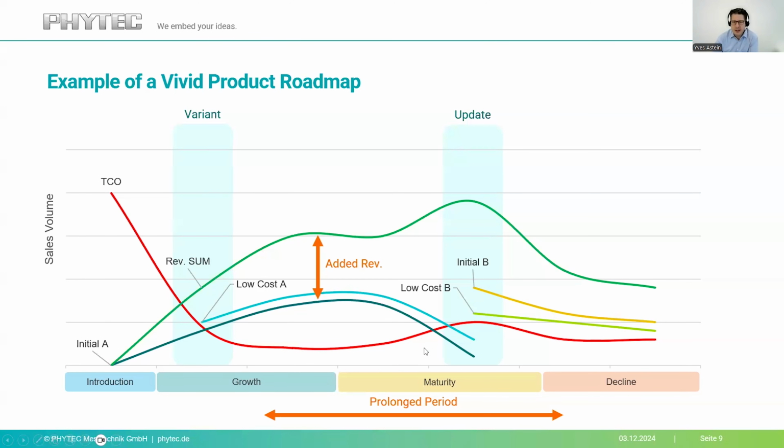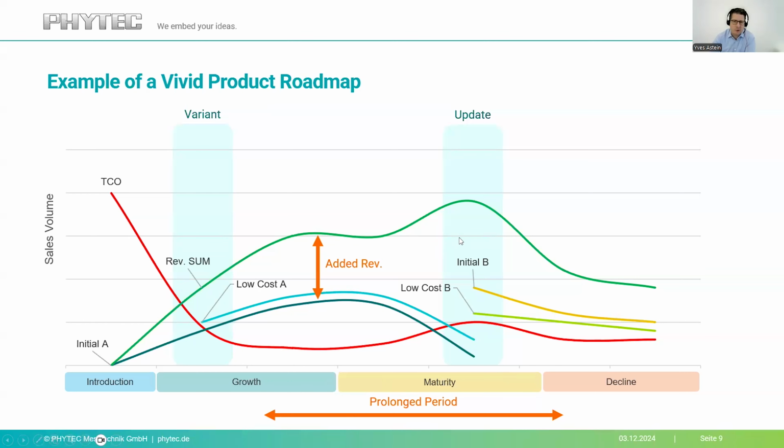And in addition to that, you can also prolong the period of lifetime of your product within the maturity phase, for example. So if the processor that you're using might be discontinued or might be not up to date, you might want to do an update of your products by exchanging the system on modules.